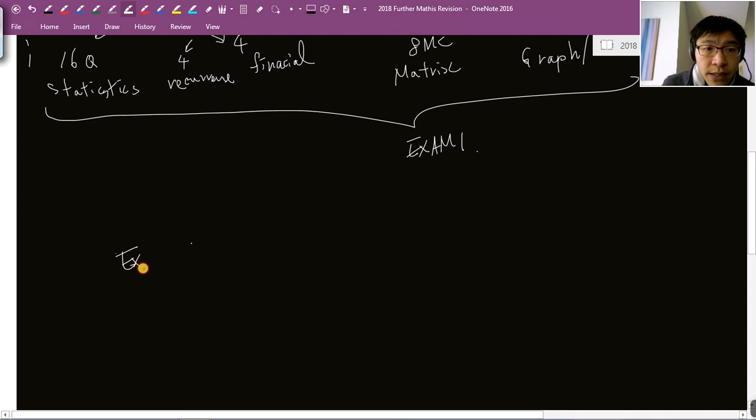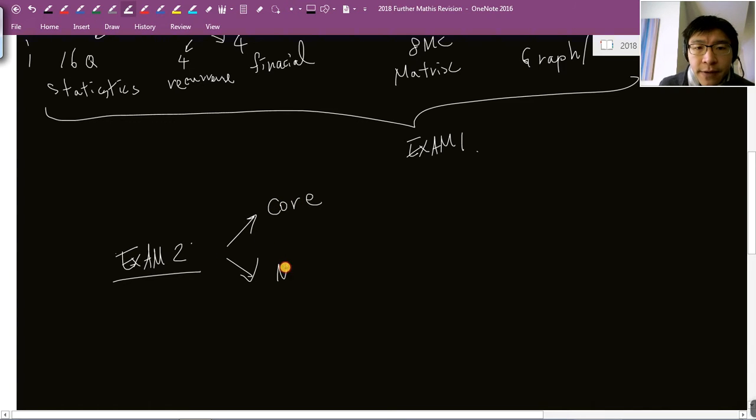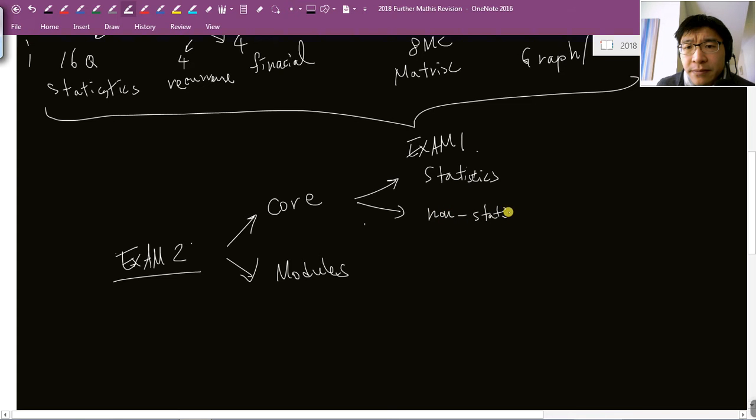So in examination two, there are also two parts: our core study, and our two modules. In terms of the core study, we have statistics, and we also have the non-statistics part. In statistics, there would be 24 marks altogether, varying between about 3 to 4 questions.